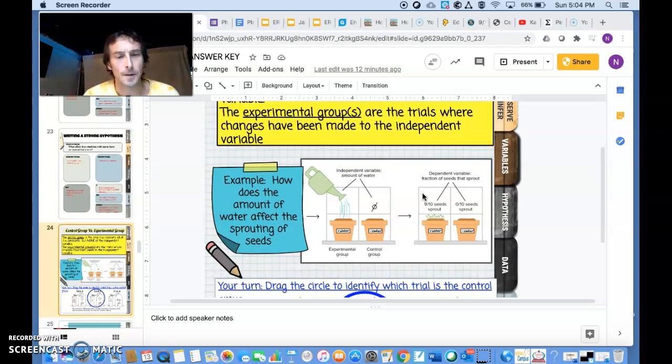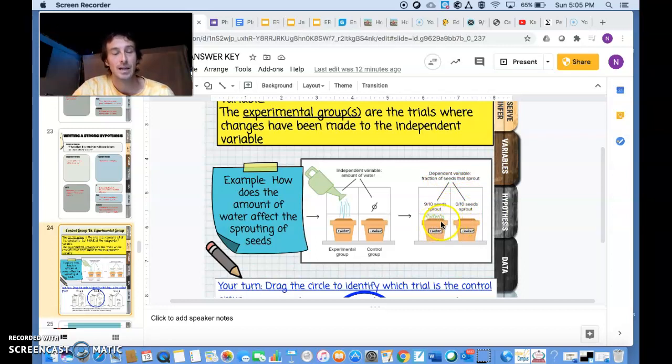So if you take a look here, how does the amount of water affect the sprouting of seeds? Well, we can measure that, because we can impact the amount of water. We can choose the type of seeds. If you look on the left here, our independent variable is the amount of water, and the dependent variable is how many seeds come up. We can measure that.